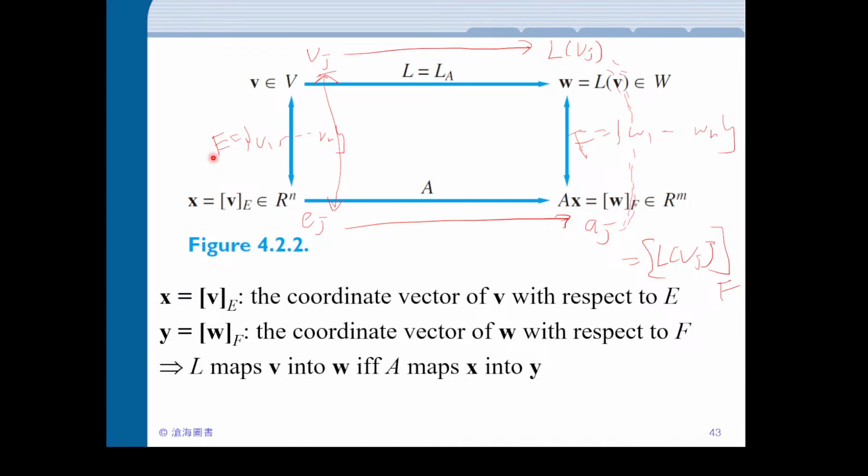So we have ordered basis big E and ordered basis, sorry, ordered basis big F. Each V inside will have coordinate X, and then this W will also have coordinate W of F. This is also called Y. I guess here we should write W of F equal to Y.